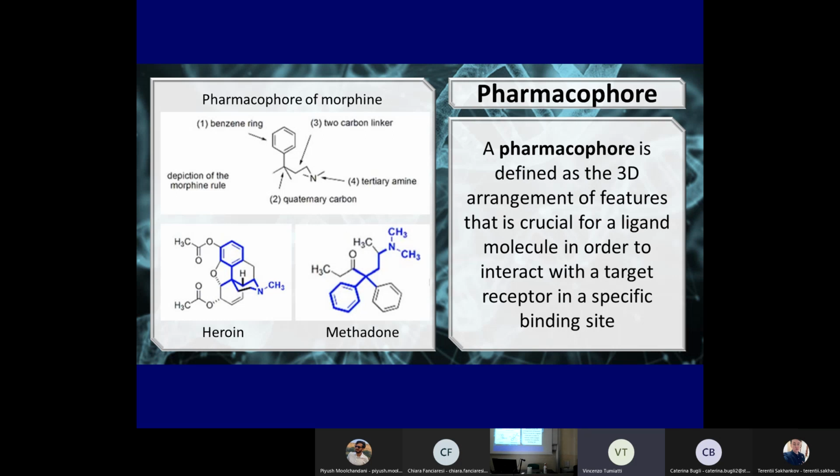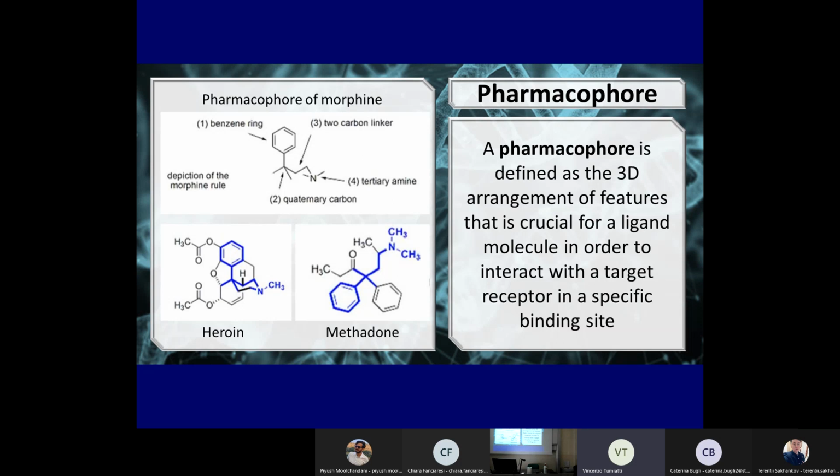Not so specific at that time, but they tried with acetylsalicylic acid and they had a success. And they tried also to apply the same approach to the molecule of morphine. And at that time, they found that heroin is, I think, 100 times more potent than morphine.